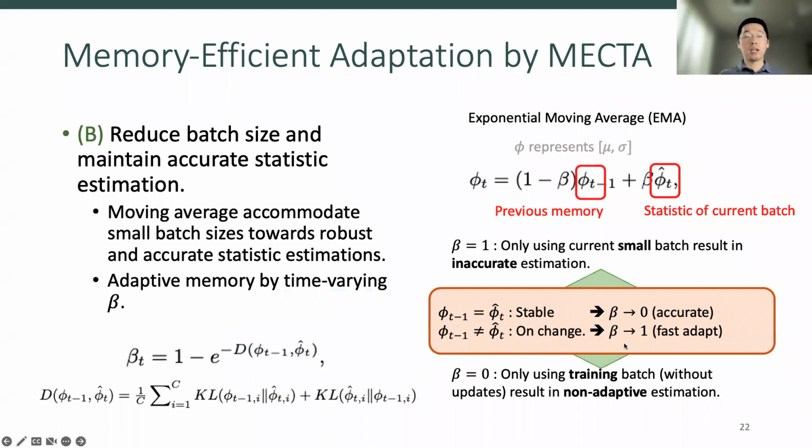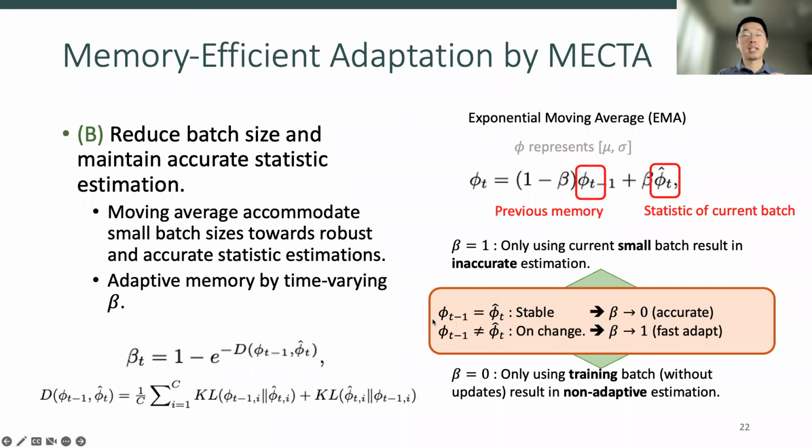Technically, we implement this by using the memory statistics and the current batch statistics to see how the environment changes. Since we cannot directly model the data distribution, we model the feature distribution per layer.